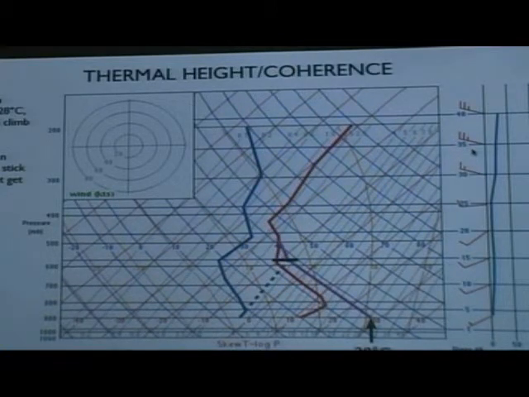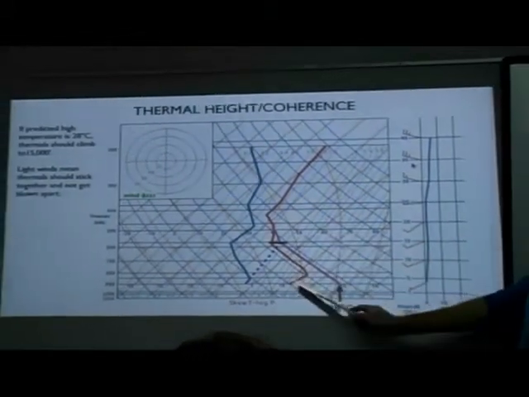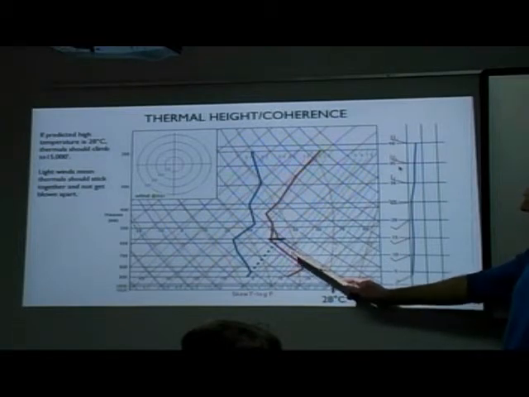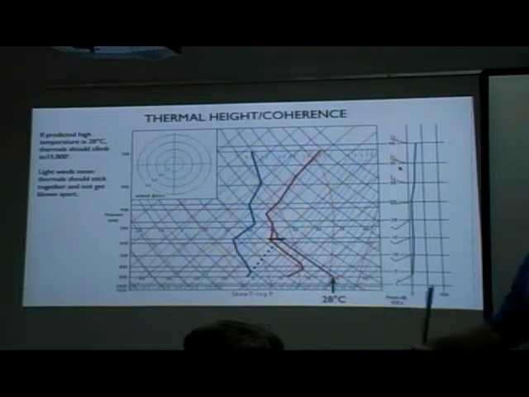Okay, so if I got a day like this, where this was the morning sounding, I'm expecting really high temperature, should be really strong thermals, and I've got really light winds, should be big, strong thermals. So I like this day.